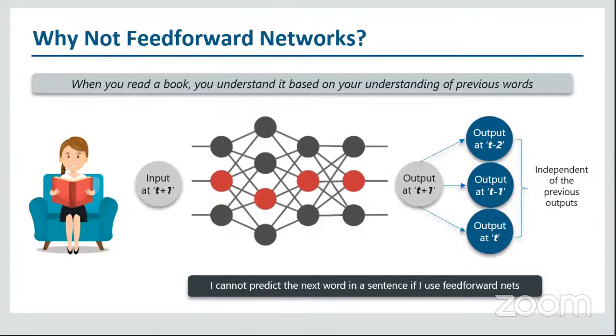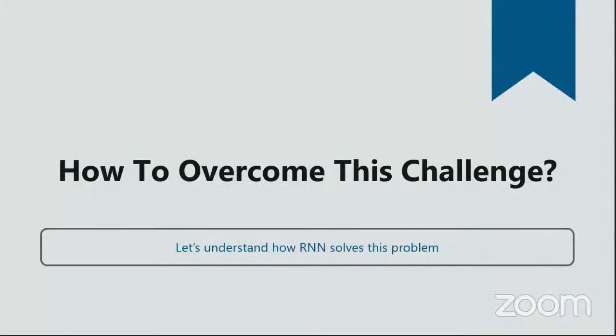To predict the next word is very challenging, and if you use the feed forward network, you will not be able to predict things. With such a gap in feed forward, you have to see how exactly you can counter it. How can we address this challenge is the question. Very, very challenging.